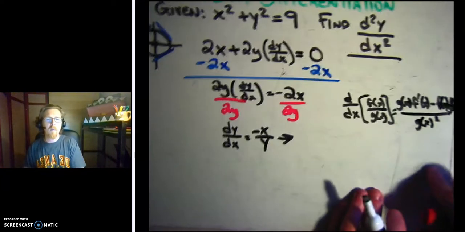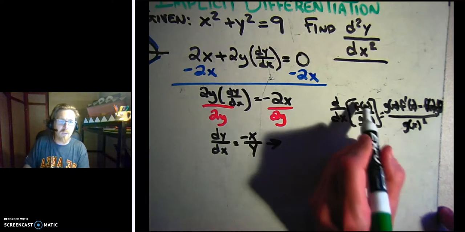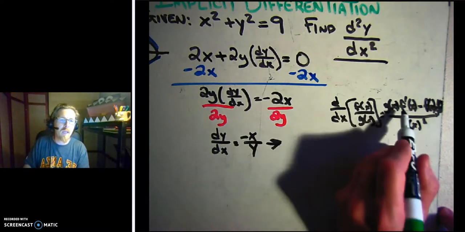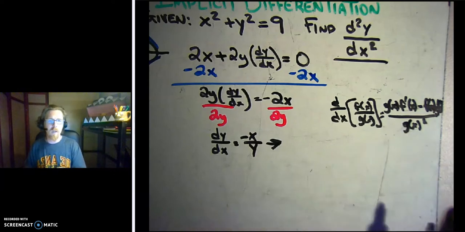So really it's the bottom times the derivative of the top minus the top times the derivative of the bottom over the bottom squared.